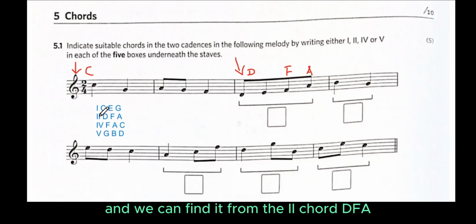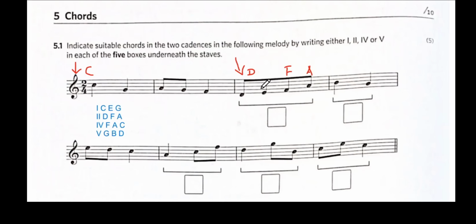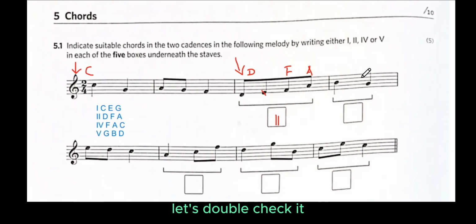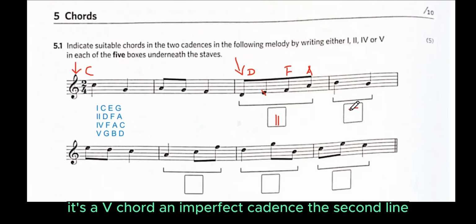And we can find it from the 2 chord D, F, A. So here the E is a non-chord tone. D, F, A is 2. We can write it down, 2. 2 usually will resolve to 5. Let's double check it. G and B. We can find G, B here. It's a 5 chord and imperfect cadence.